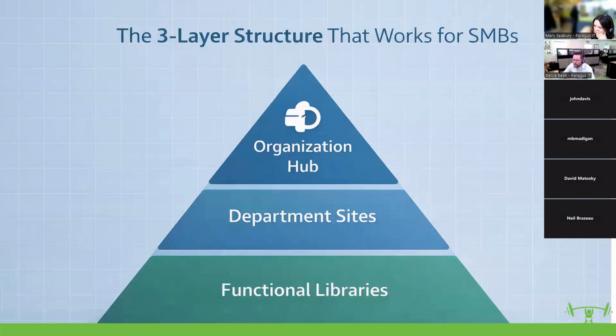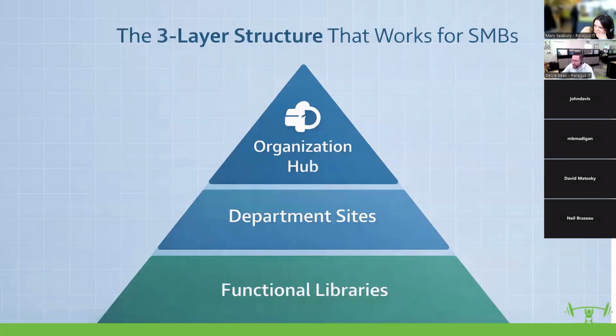This model works well because it establishes clear ownership at the department level, clear permission boundaries aligned to job roles, and a clear search structure that supports findability. When users understand where content logically belongs, confidence in search improves. When architecture mirrors organizational structure, cognitive load decreases.